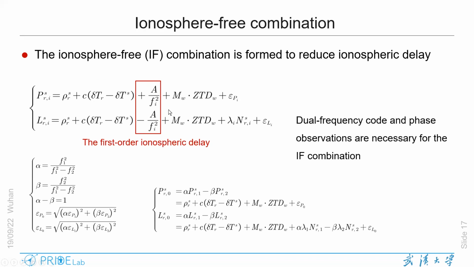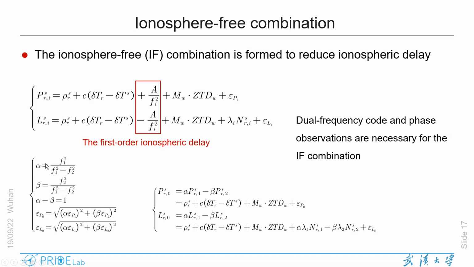This linear combination takes advantage of a property of the ionospheric delay. Let's look at the equation. The P and L here are the code and phase observations, while this A is the major component of the ionospheric delay. As we have known from the classes before, this is exactly the first order ionospheric delay. We can see it is inversely proportional to the square of the frequency.